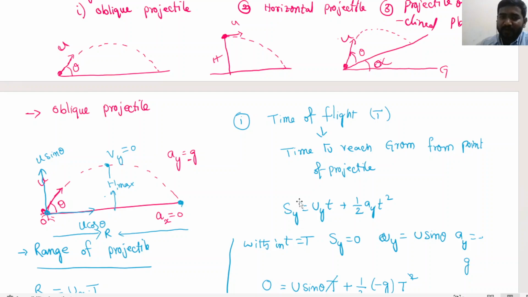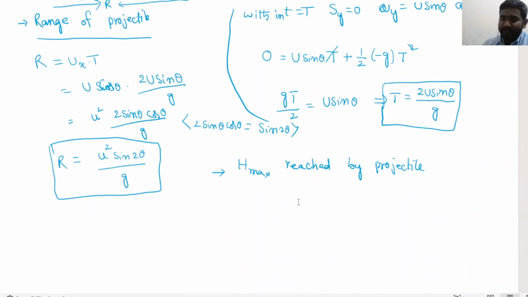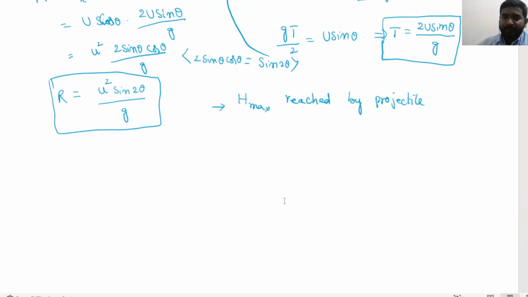Now, we can apply the formula v square minus u square equal to 2as. Apply vy square minus uy square must equal 2 times ay into sy.